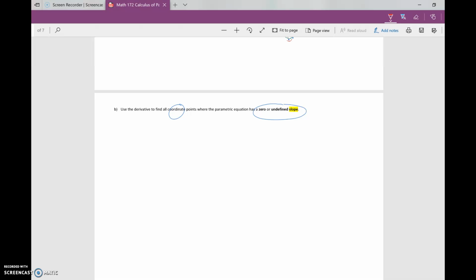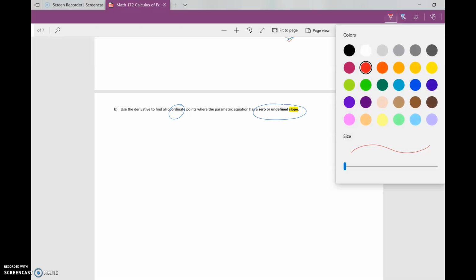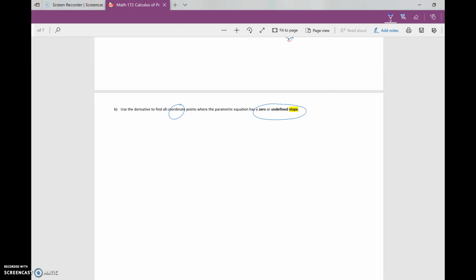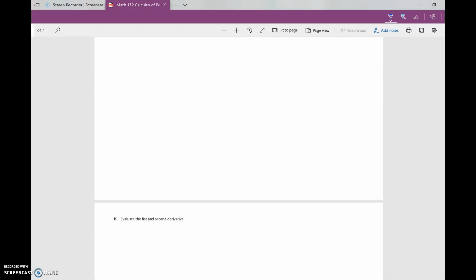Okay, so let's take a look at part B. In part B, they want us to use the derivative and find all places where the derivative is technically 0 or undefined. So let me evaluate the first derivative. And this is equal to, I'm just going to write it like the formulas.